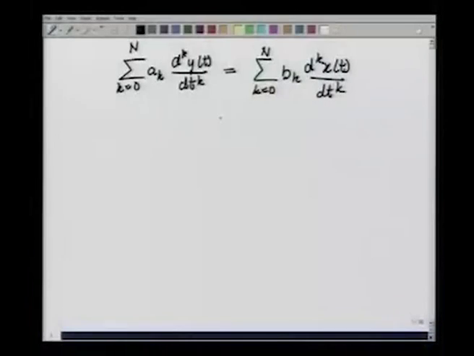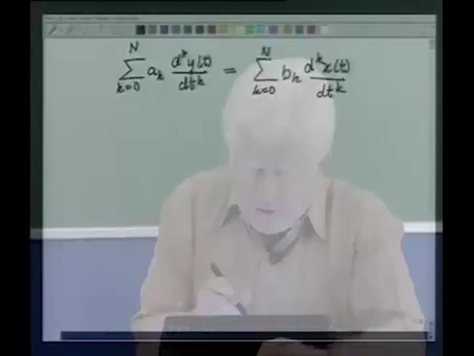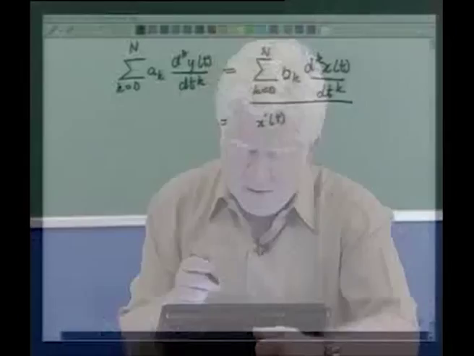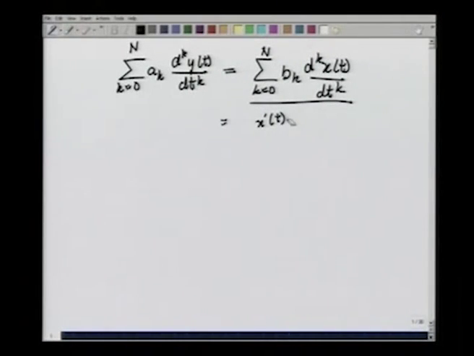In fact, the entire equation we have written here could just together be returned to the previous form by writing this entire function as some x dash of t, where dash of course does not represent differentiation, but just some other signal. And now with this form it would revert to exactly the same approach that we followed earlier for the solution of differential equations. But this is worth retaining, so let us do it.